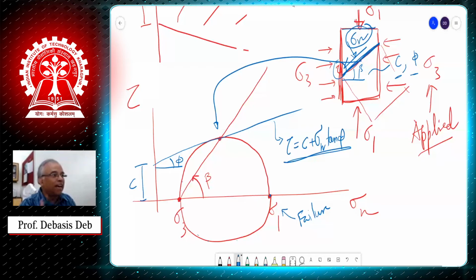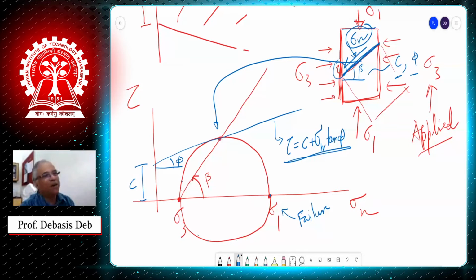Okay. So this is that line. Now, if the beta was very high, then my tangent would have been somewhere here. So there may be a point right here where it will be parallel to this line. So phi will be 0. Phi will be 0 means there is no friction in that body. We normally do not get that.